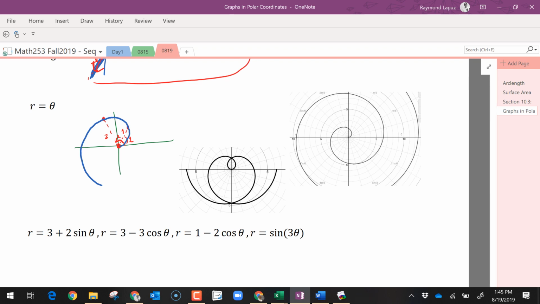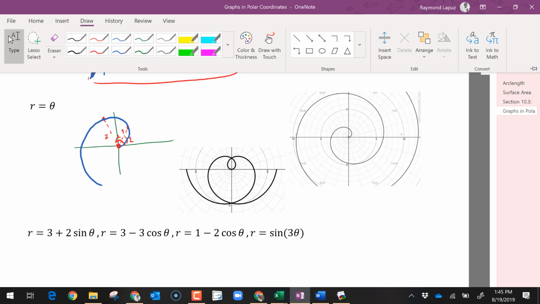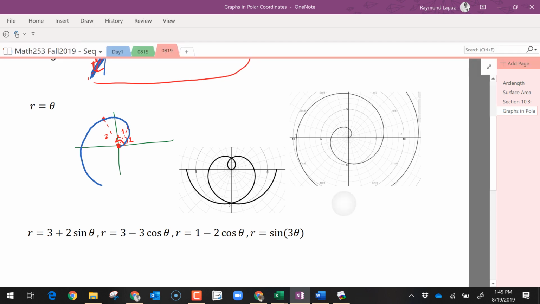Now, I guess we can see the positive theta already. Let's identify the negative theta. So negative theta would, think about your theta pointing down this way, and that's a negative small angle.